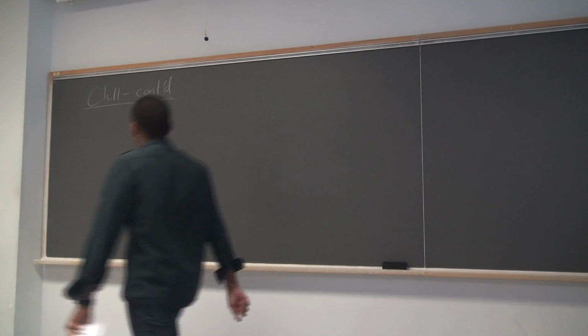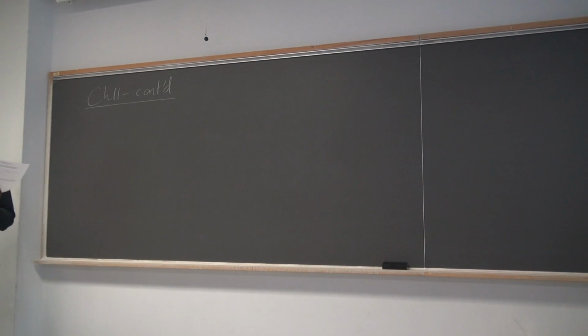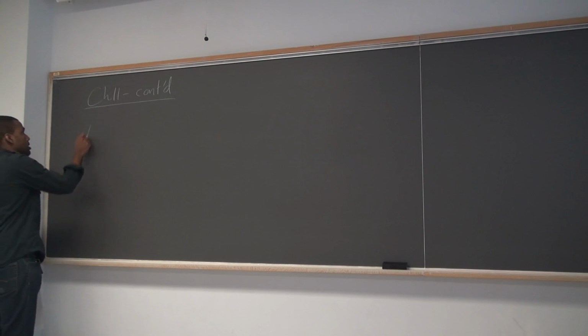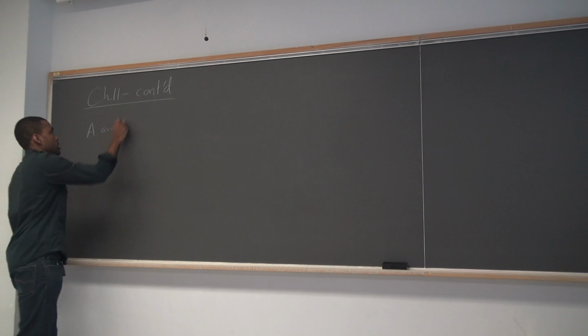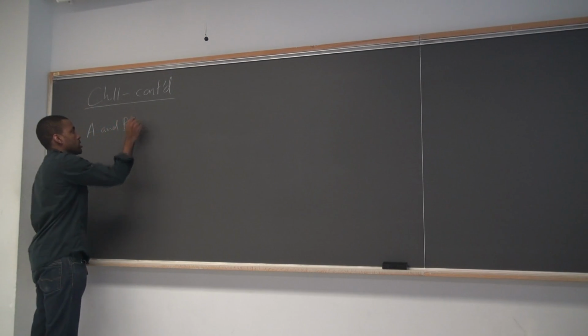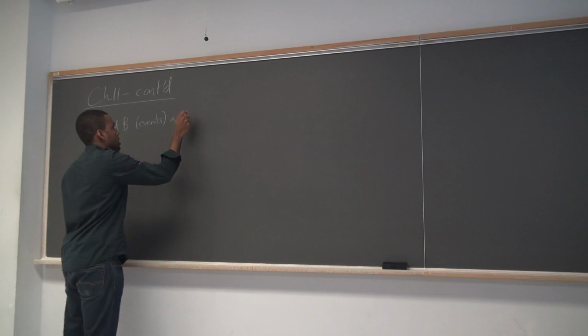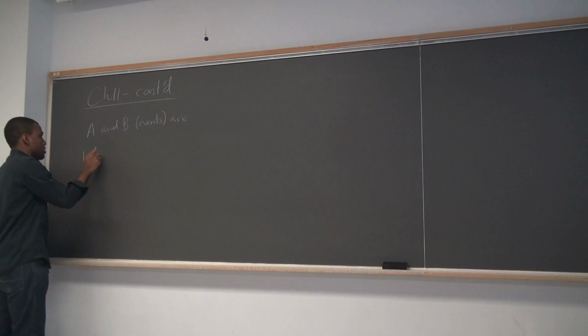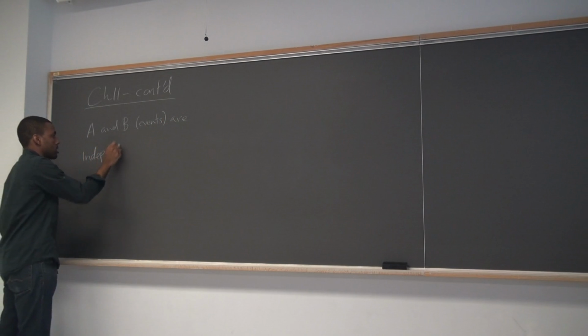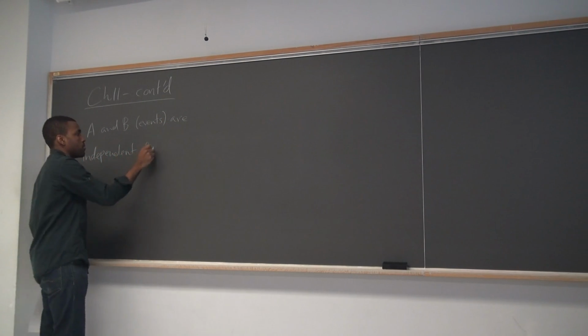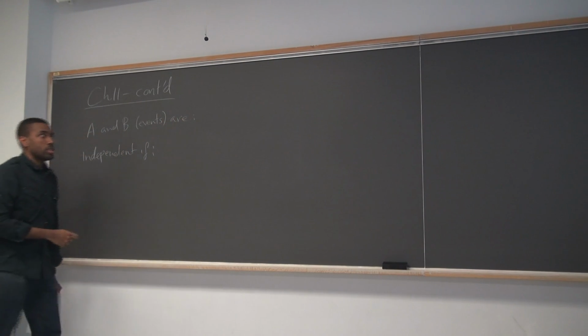Okay, let's continue with probability, the second section. Last time we spoke about independent events and mutually exclusive. Do you remember what those are? A and B are independent events if, how do you know it's independent?